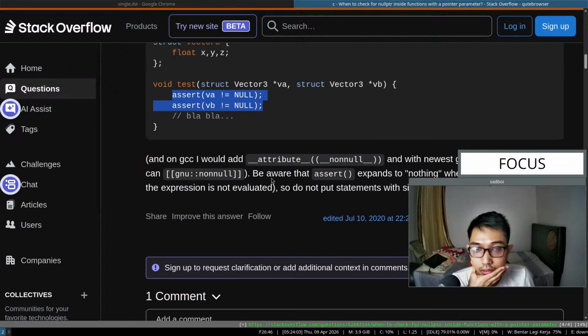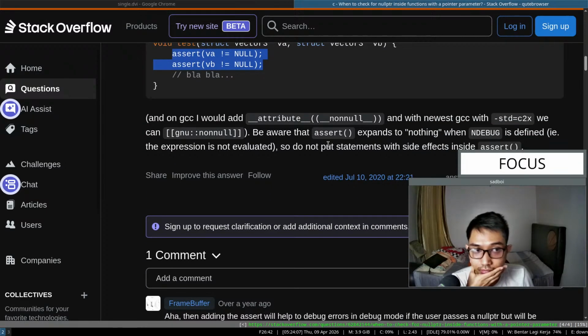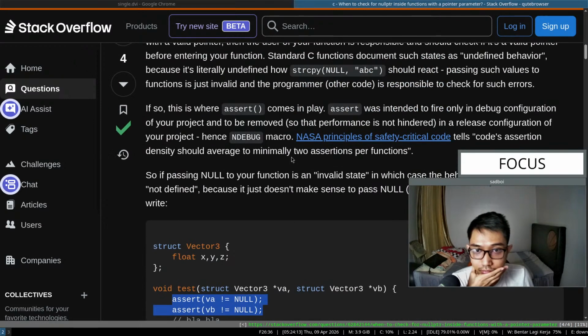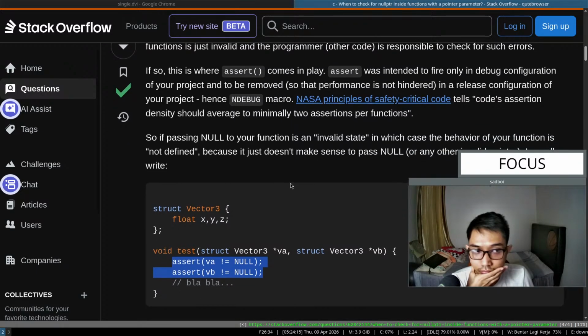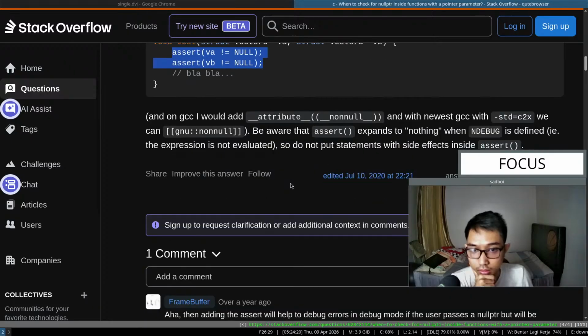Using a sort. Yeah, that's one way to do that.